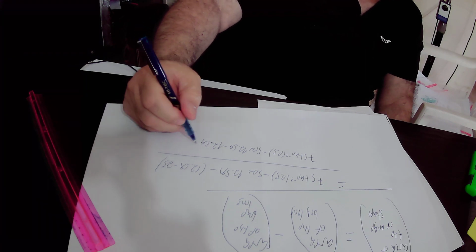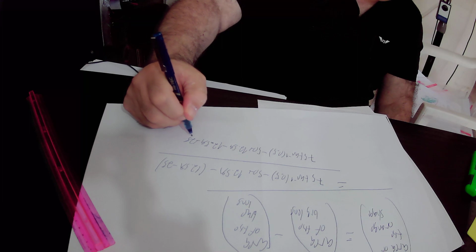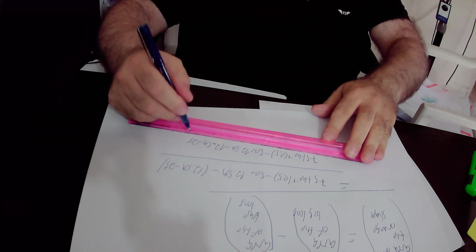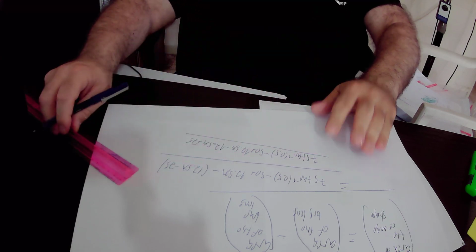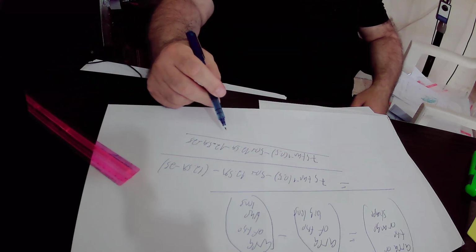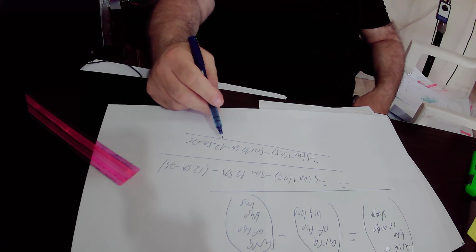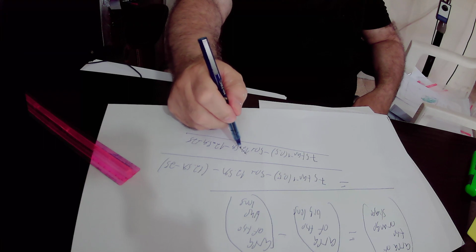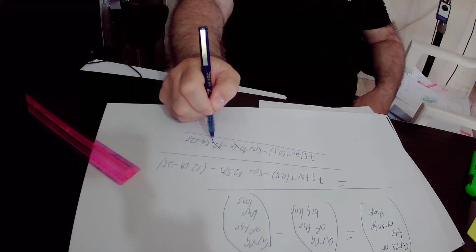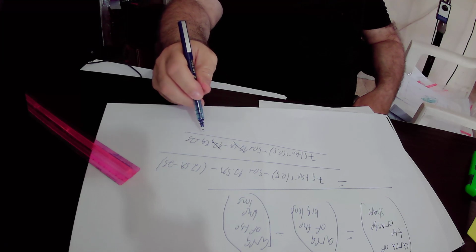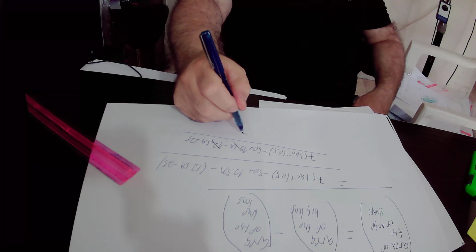Minus and minus is plus, so it is plus 25. So here we have 12.5 pi minus 12.5 pi is 0, so those two expressions get cancelled. And we have minus 50 plus 25, which is minus 25.